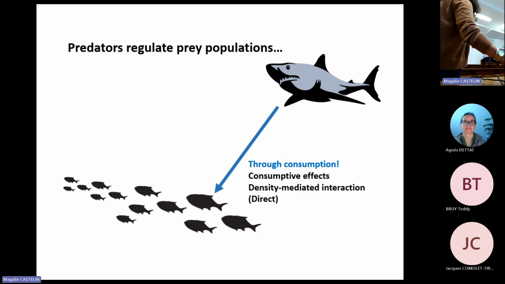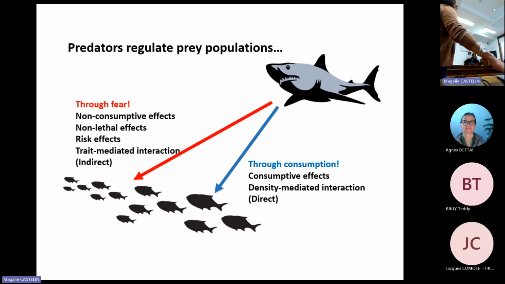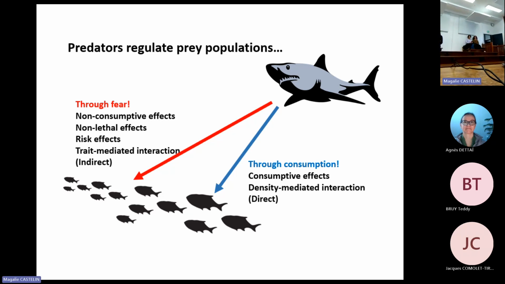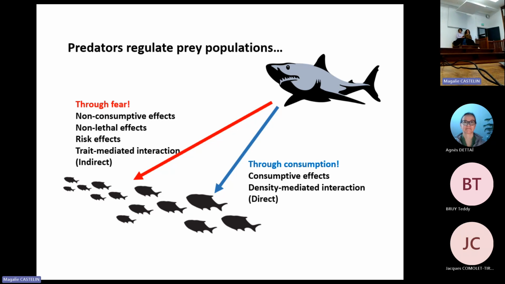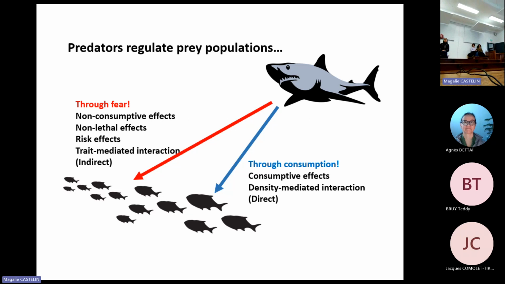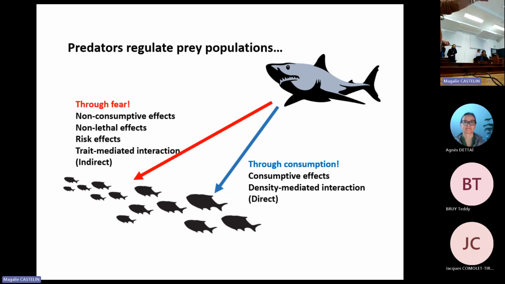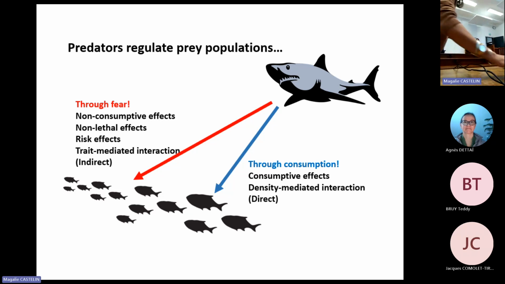Through these consumptive effects, which we understand in classic ecology, and through these fear effects. There's a lot of vocabulary associated with each of these pathways. You see them redundantly being used when sometimes they shouldn't be redundant, but they're all talking about the same thing. The consumptive or density-mediated interactions are more direct than the non-consumptive effects that are driven by fear. And these are also called risk effects.